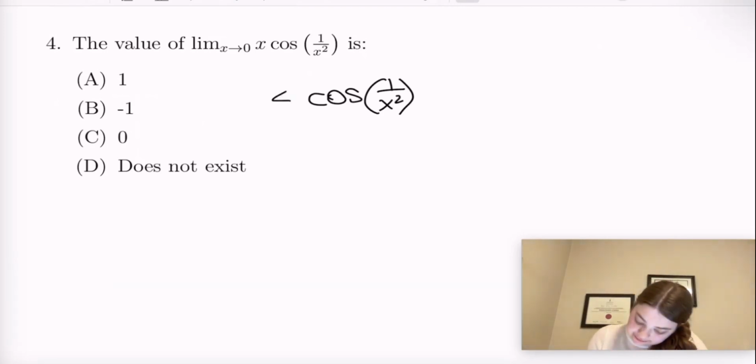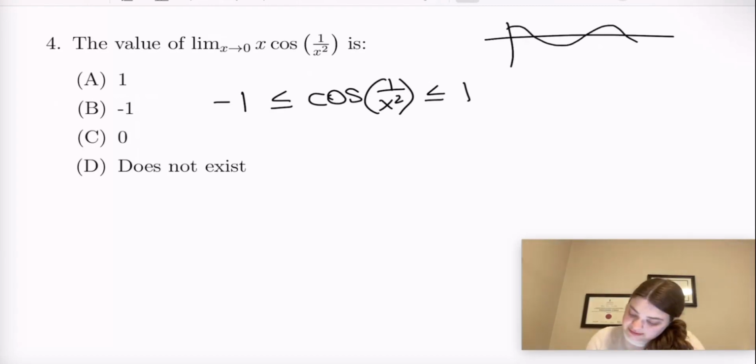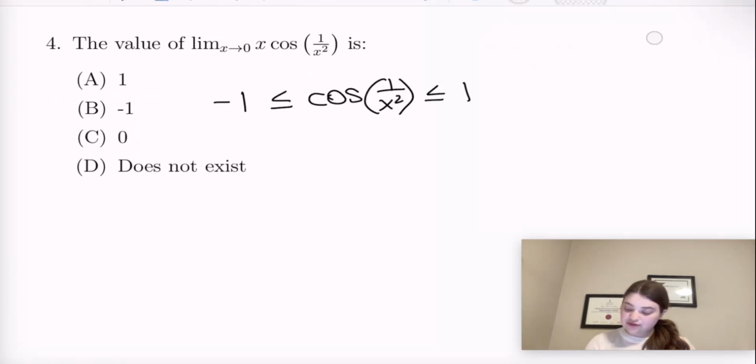And so we can say safely that this is between, or sorry, I said 0 and 1, I meant -1 and 1, right? Like if we think about what the cosine graph looks like, recall that it fluctuates between 1 and -1, right? That's what it does.